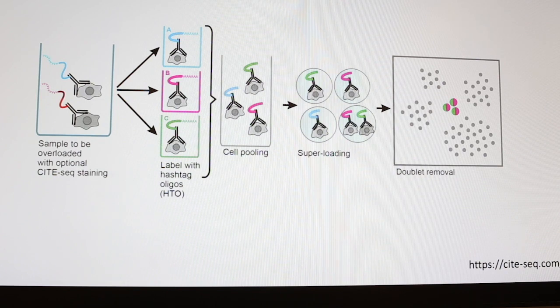So another feature that I think is really useful actually is this doublet removal. I think it's becoming a little bit more clear now that when you run these single cell experiments, you may have contamination from some doublets that don't get properly separated in the early steps. And in the past, there's no way to really discriminate these and get them out of your data.